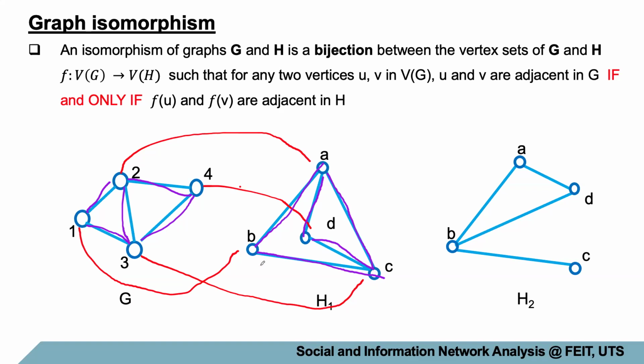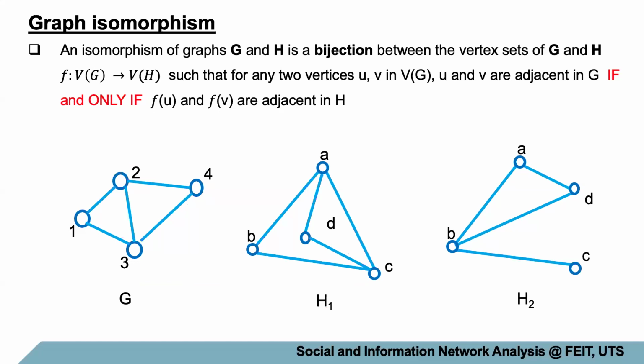Of course, the bijection may not be unique. Like you can also map vertex 1 to vertex not B, but D, it also satisfies the definition. So we can say G and H1, they are isomorphic.